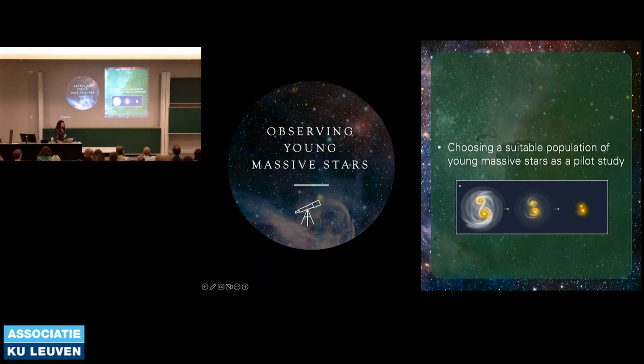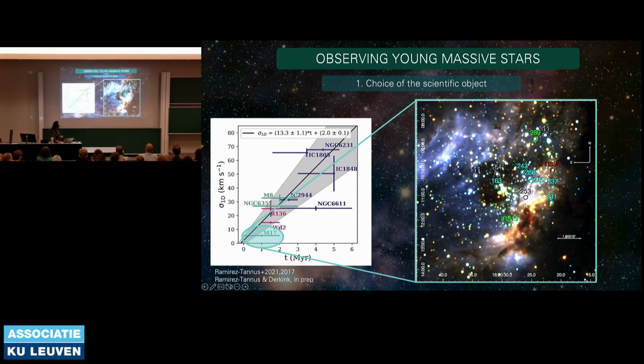To observe young massive stars, first we have to choose a suitable population of young massive stars as a pilot study, to see if the techniques we are using are the right ones to probe multiplicity in young systems. We looked at this graph from Claudia Ramirez-Tanus, who worked closely with Hugues Sana around 2017, and they found that M17 is a cluster in which the radial velocity dispersion is really low.